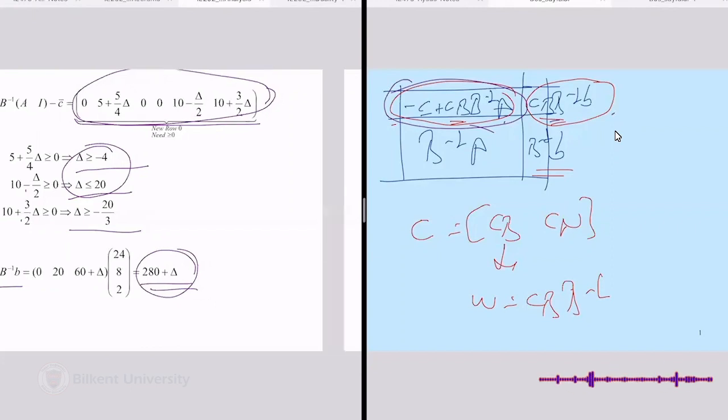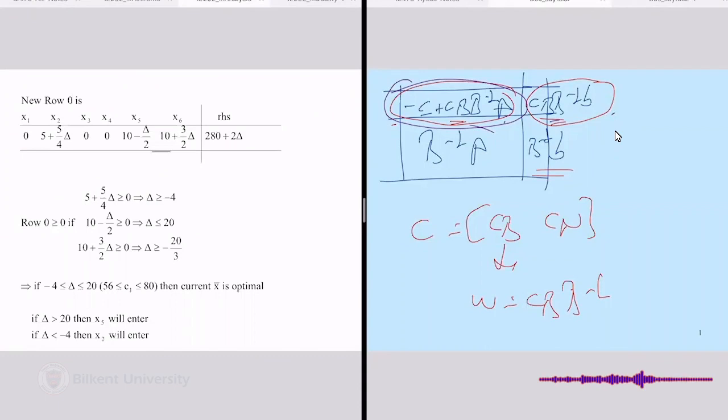This is how your row 0 is going to look. As long as you're in the region, which means C1 is between 56 and 80, nothing will happen. You will remain optimal. If not, if C1 is, for example, 40, then your delta is out of range and one of these entries will become negative.